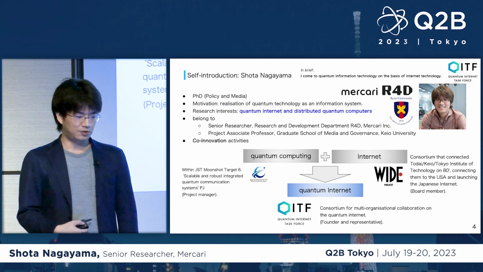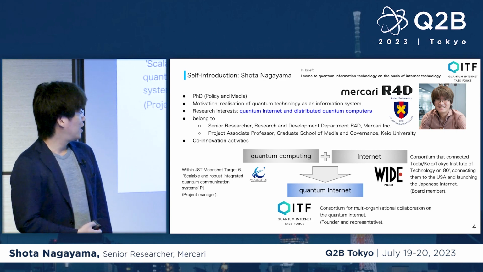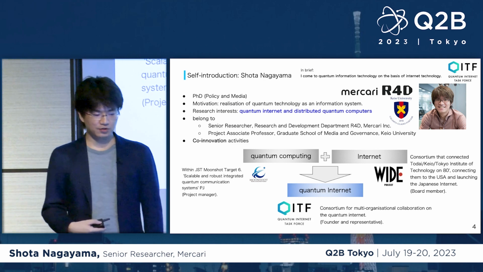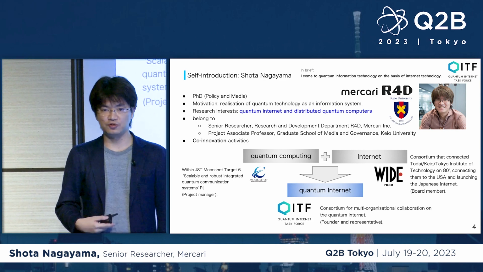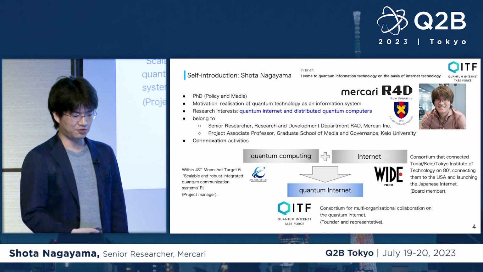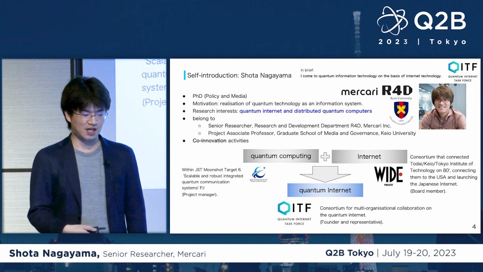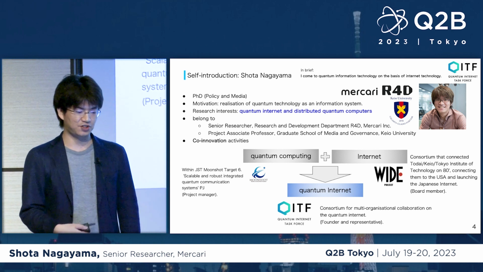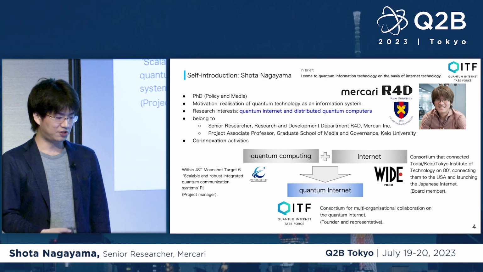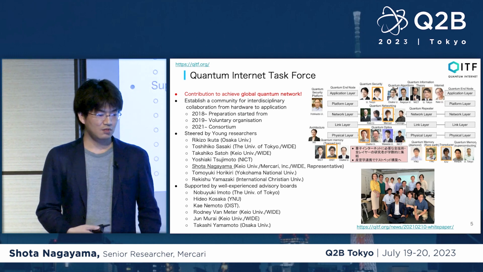In the quantum computer area, I am working as a project manager for the Moonshot program, the national program. I am also working with the WIDE Project, the Internet Consortium, which was formed in the 1980s and started the Internet of Japan. And the quantum computing related consortium is another organization where I'm working with enterprises and academic scholars on quantum computing.